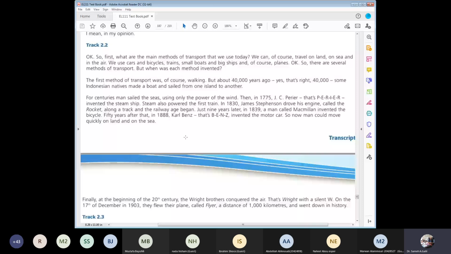When else do you use in? When we talk about seasons, in summer, in spring, right? No, I'm focused on time. I'm talking about time prepositions, not place prepositions.